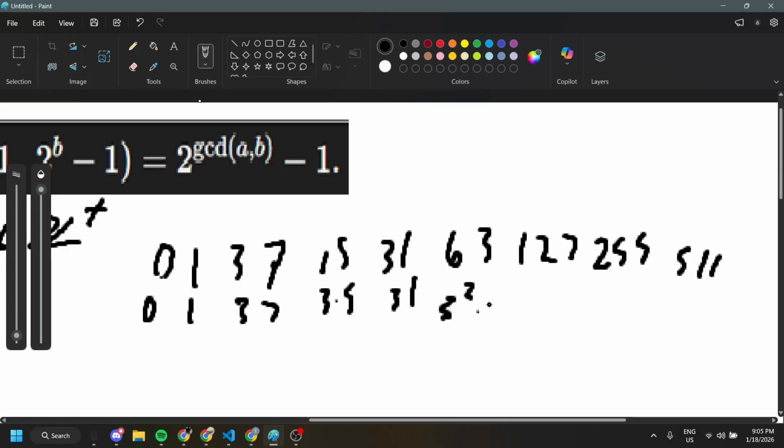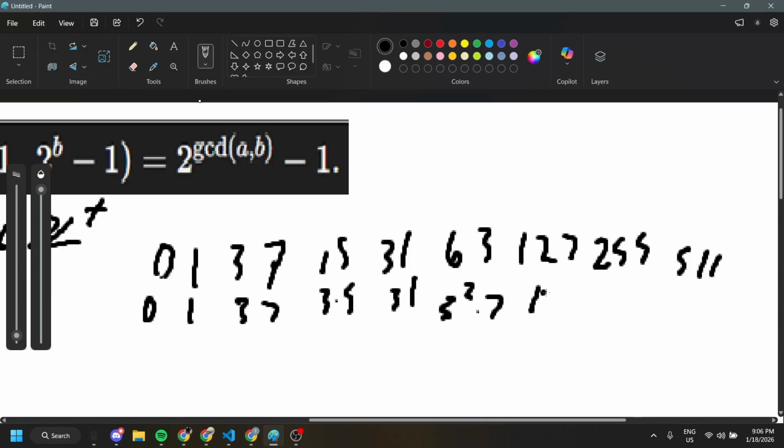This is 127, which is not divisible by 2, 3, not 4, not 5, not 6, is it divisible by 7? 70 plus 57, 57 is not divisible by 7. 9, 11, no, 13, no, I don't need to go any higher.